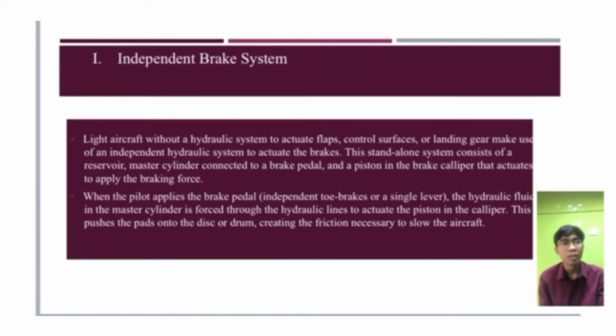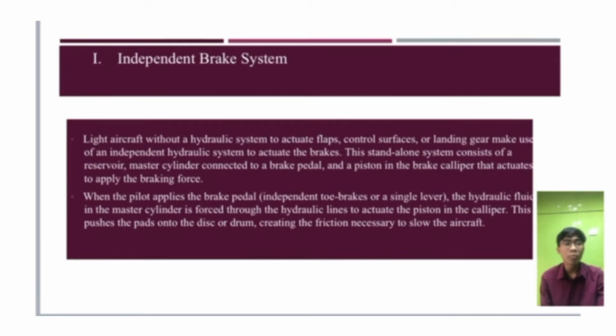Okay, first, independent brake system. Aircraft with a hydraulic system to actuate flaps, control surface or landing gear make use of an independent hydraulic system to actuate the brakes. This stand-alone system consists of a reservoir, a master cylinder connected to a brake pedal, and a piston in the brake caliper that actuates to apply the braking force.